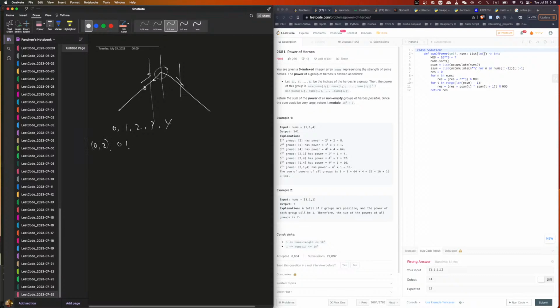I have 0, 1, 0, 2, 0, 3, 0, 4. Right? 0 with size 3. We have 0, 1, 2, 0, 1, 3, 0, 1, 4, 0, 2, 3, 0, 2, 4, 0, 3, 4.